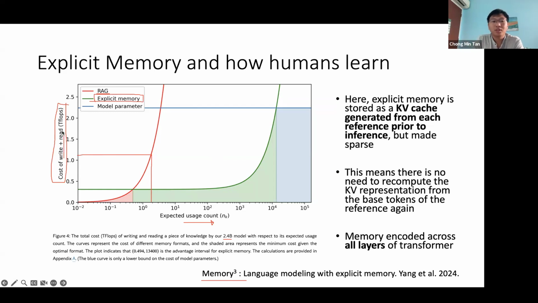Your read and write cost is reduced, because if your reference paragraph is 500 words, and you can distill it down into a KV cache, maybe you only put 1 or 2 time instances of KV values. In terms of read and write cost, it is much cheaper, because 500 words is like 500 time instances.